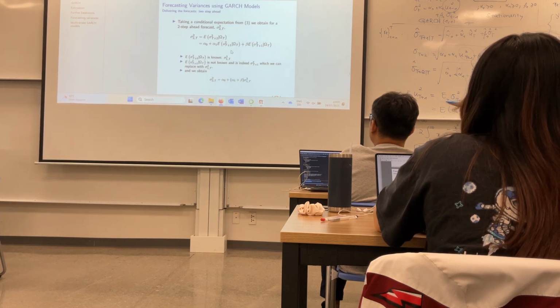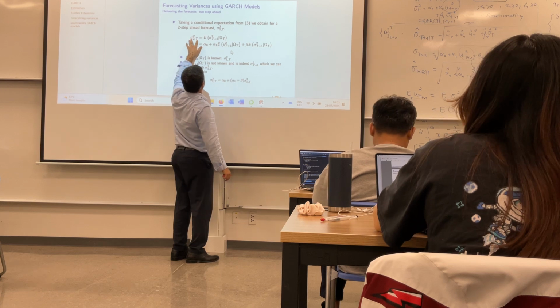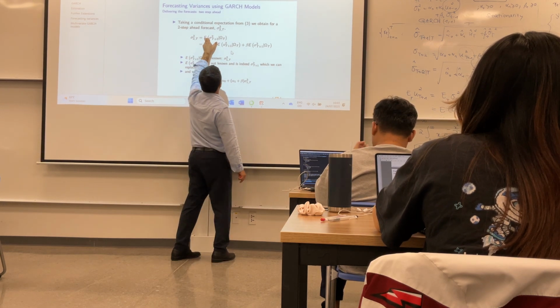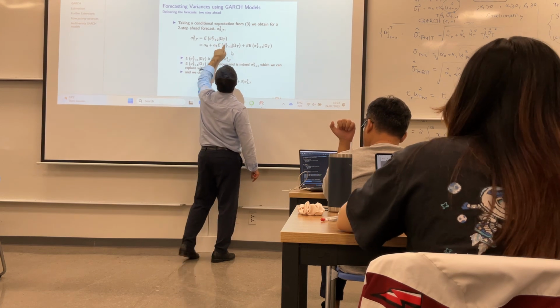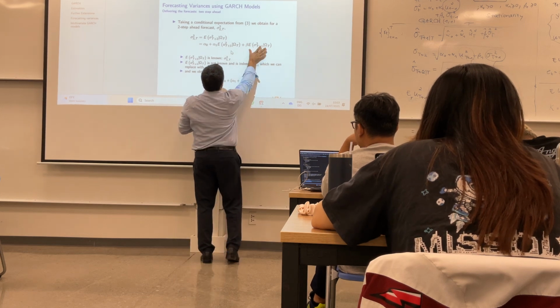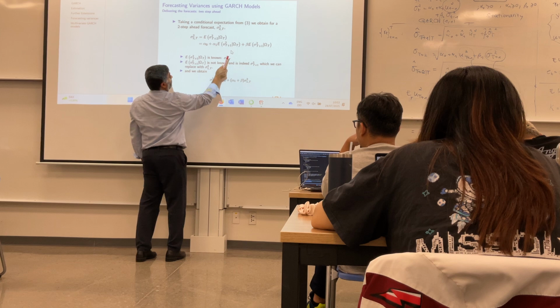If I have the 2 step ahead forecast given the information up to period t, it will be the expected value given the information set up to period t of alpha 0, then this term, plus the other one. This one is known.